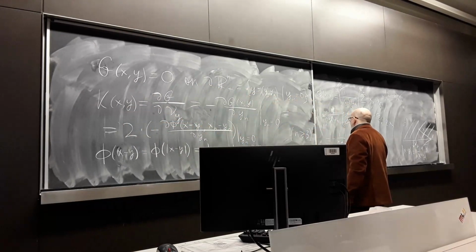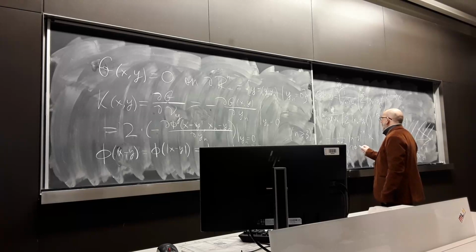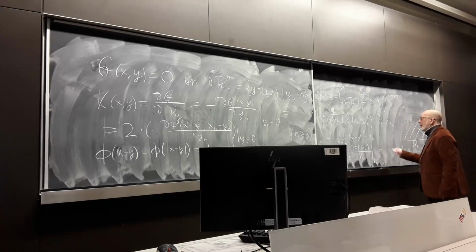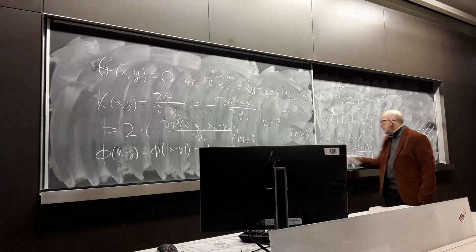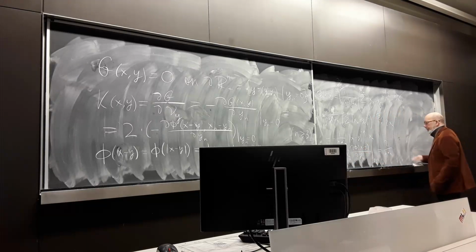K(x,y) equals minus 2 d phi of x minus y over dy_n at y_n equals 0, equals 2 over n alpha n times x_n over x minus y to the power n. So this is the Poisson kernel.